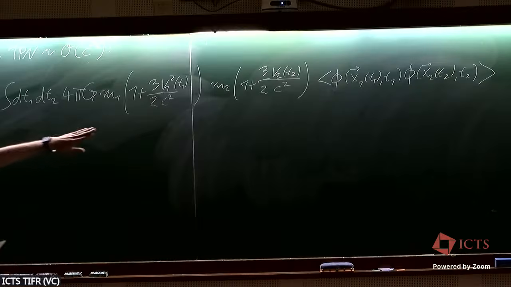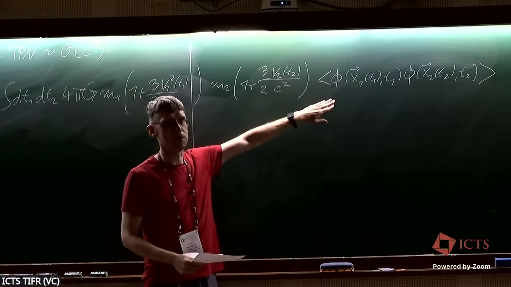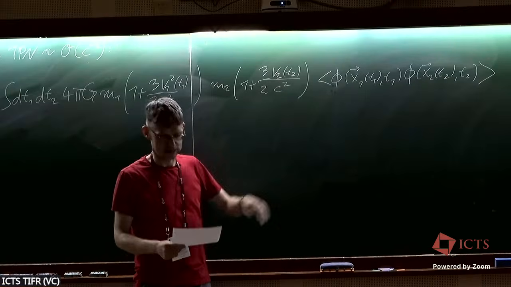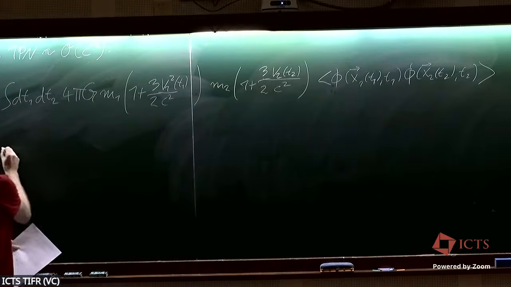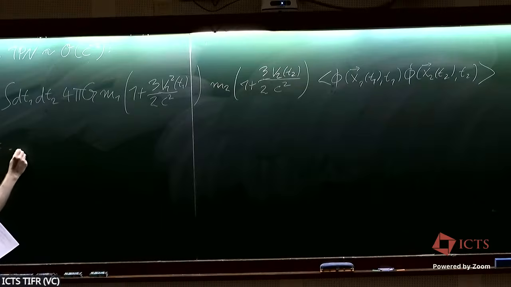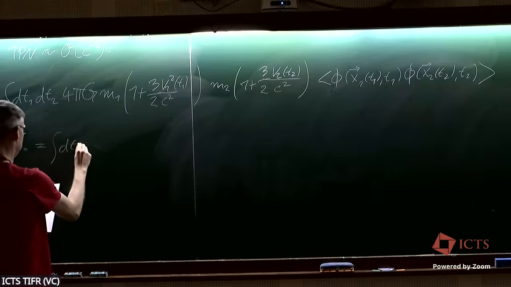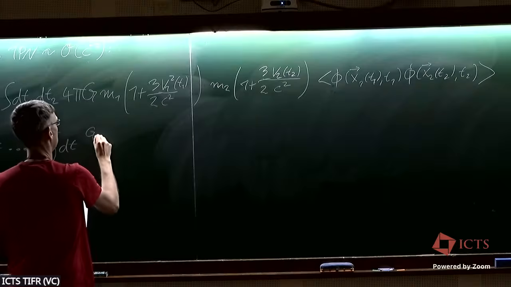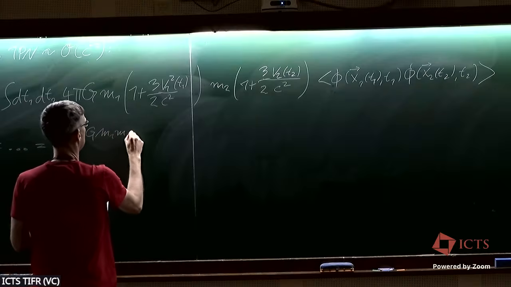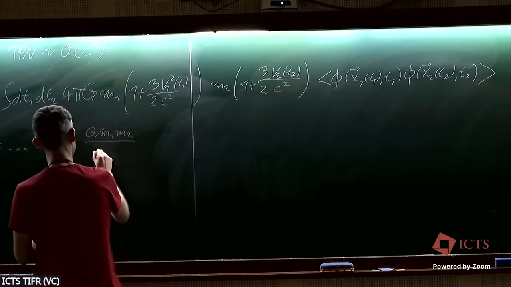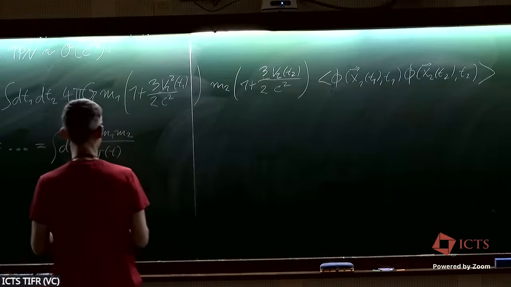Right, but yeah, otherwise, now we can insert the propagator, calculate the result, and this will also be part of the tutorial in the afternoon. So I'm not going to do this explicitly here, but I can give you the result, which indeed, I mean, it's a Newtonian potential.